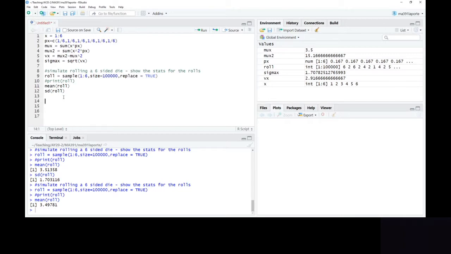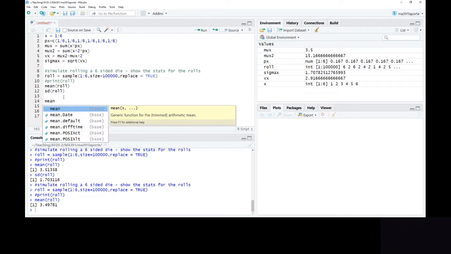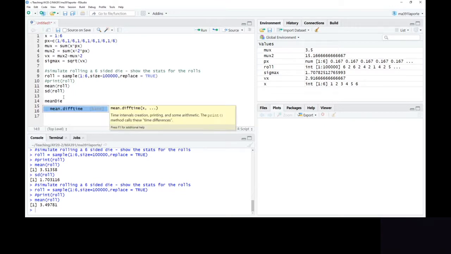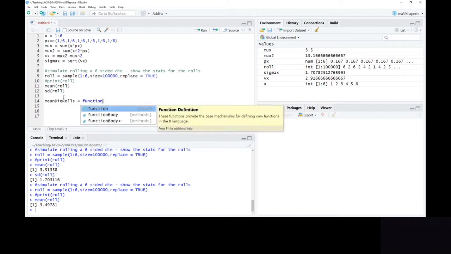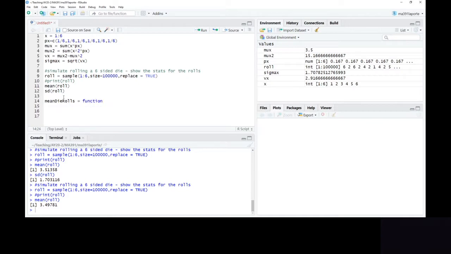All right. So in order to do that, what we want is to create a function, and I'll call it mean die rolls. It's going to equal some function. Oops. Tell it that I want small n. Small n is going to represent something, and big N is going to represent something else. Let me go ahead and put in what those represent.